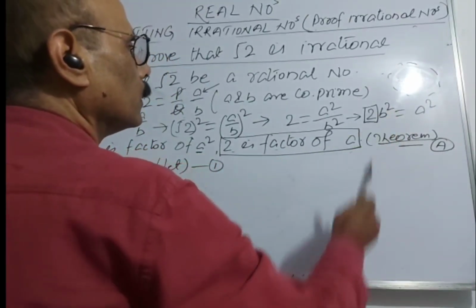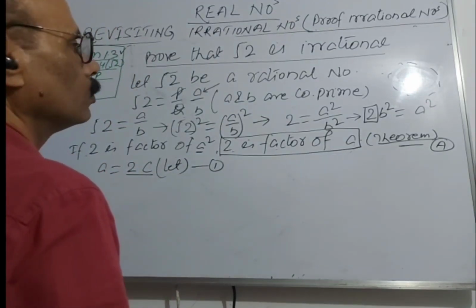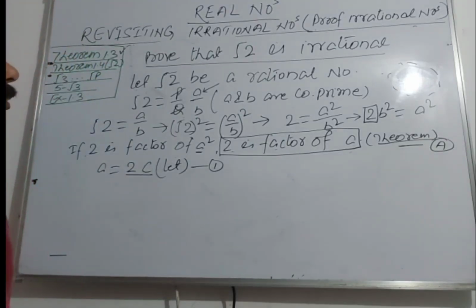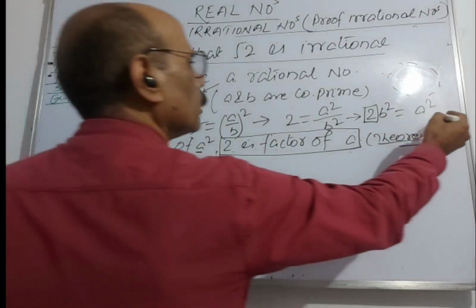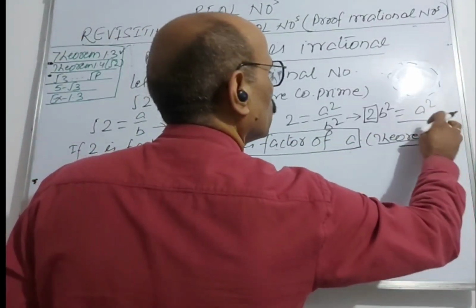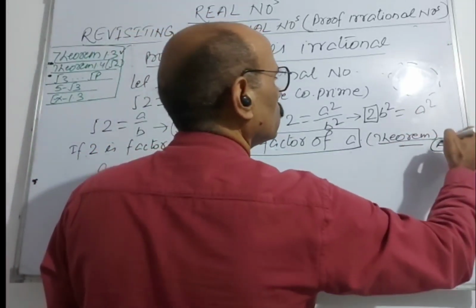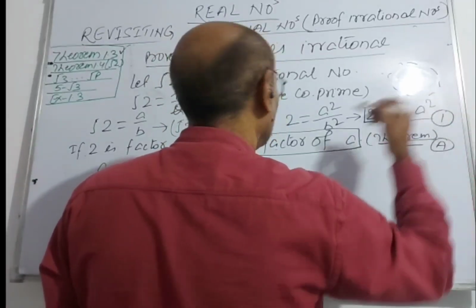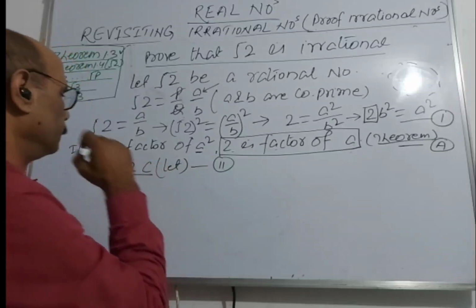Here also we can put a square, so 2b square. Let's name the equations: suppose we give this one the name equation 2, then it will be better.